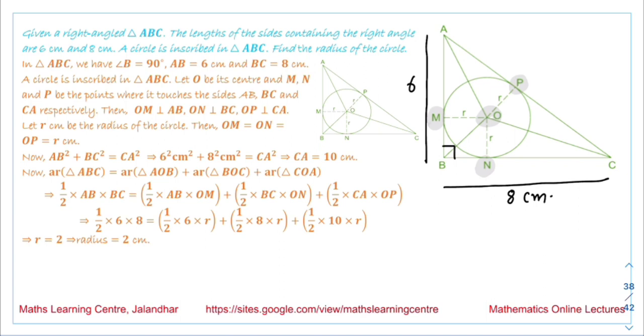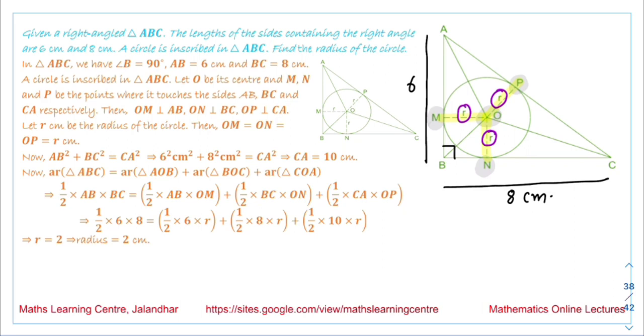OM is perpendicular to AB, ON is perpendicular to BC, and OP is perpendicular to CA. Now let R be the radius of this circle. So the lengths OM, ON and OP are all equal to R.